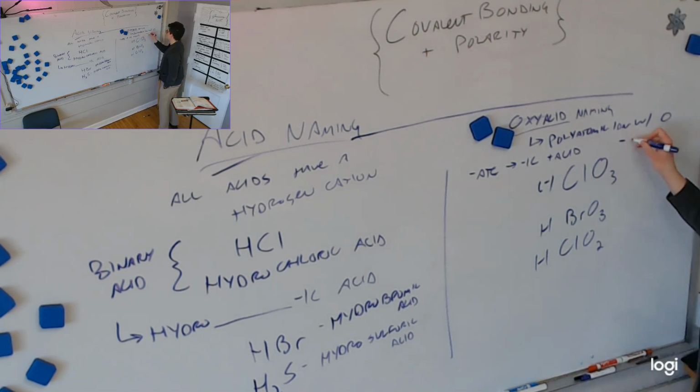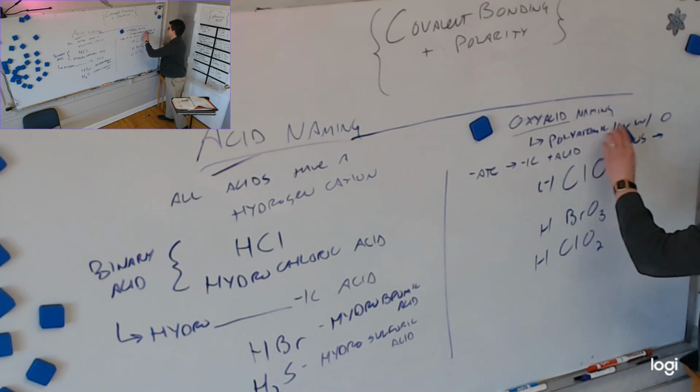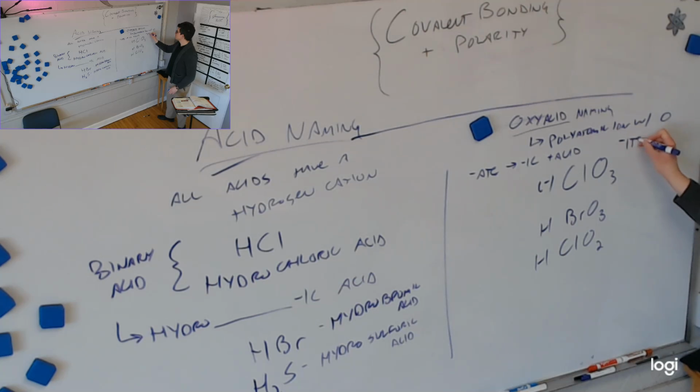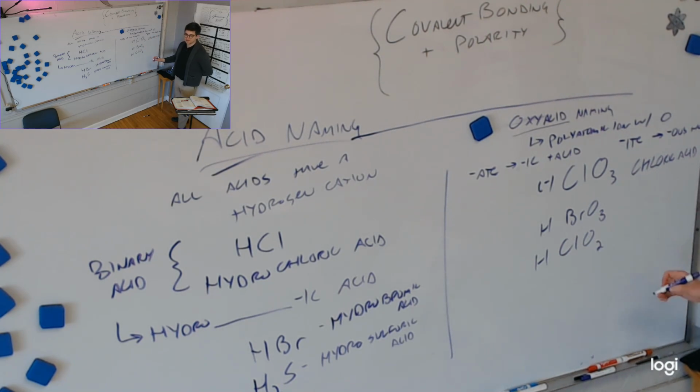And if it's ite, we change that to us. Gosh dang it, I did it again. Ite changes to us, and we add acid. So instead of being chlorate, this is now chloric acid. Instead of being bromate, it's now bromic acid. And spell it right, though.